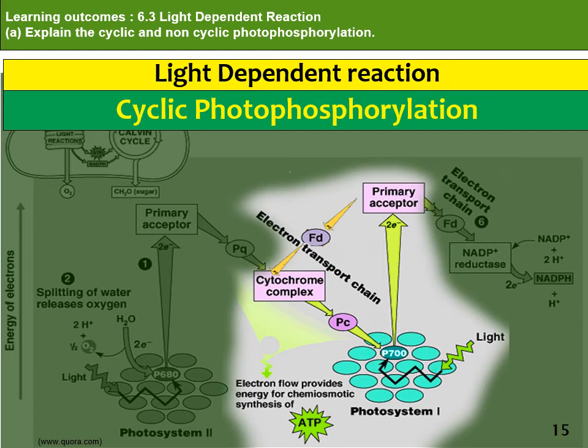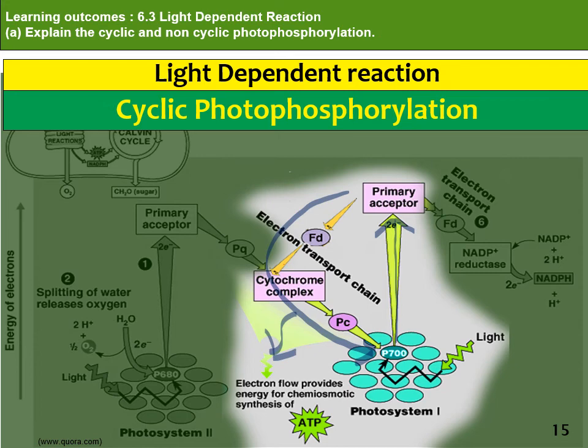The excited electron cycles from the reaction center to the primary acceptor, then along an electron transport chain, and returns to the oxidized P700. As the electron flows along the electron transport chain, which consists of ferredoxin, cytochrome complex and plastocyanin, energy is released and generates ATP.